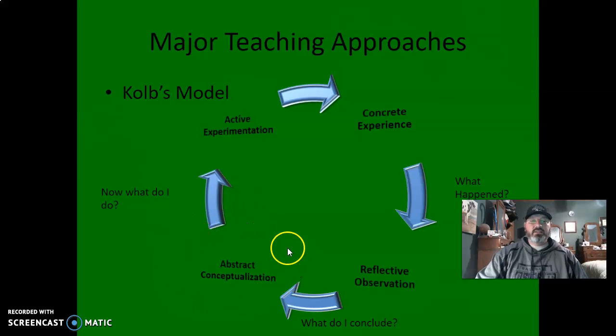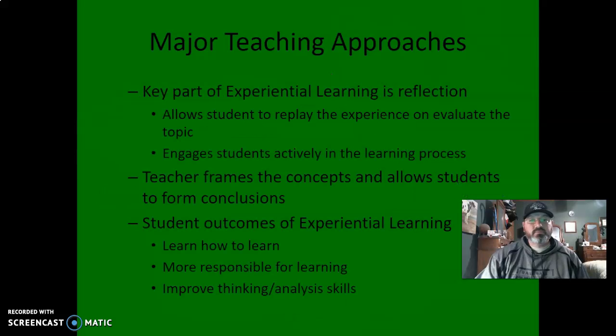Connect those to the concepts that are maybe a little bit abstract, but now you have information to connect those conclusions to, and you say, well, now what do I do? What would I do next? And that kind of goes back around, again, back to active experimentation. This is why this works so well in agriculture education in certain ways, because now you're really engaging the student in the learning process over and over.